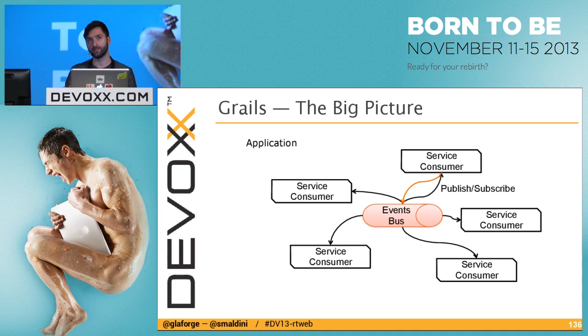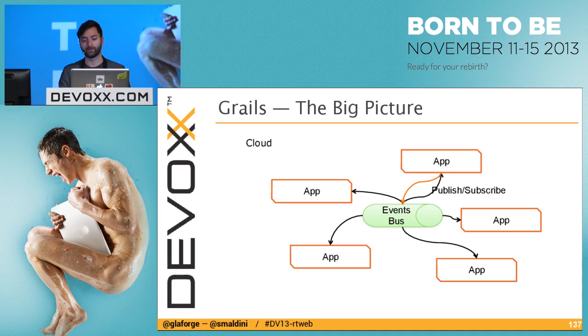If you add more services with more threads, you scale up. If you are on a cloud kind of architecture, it's basically because you switch your event bus to an extended event bus based, for instance, on RabbitMQ, well, all your applications with all services inside each application are listening to the same event topic, for instance.